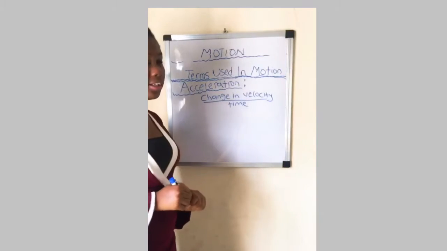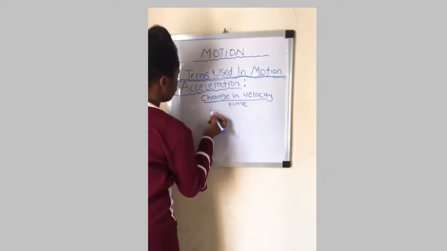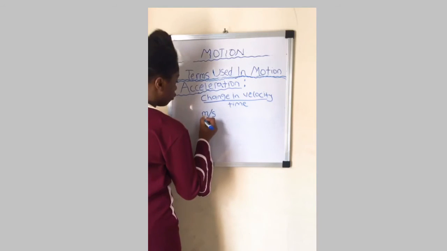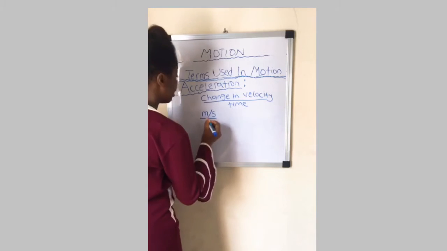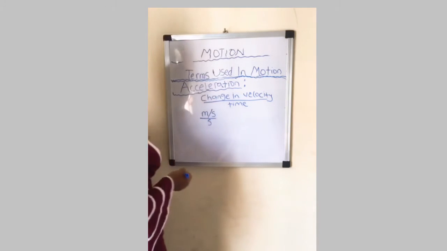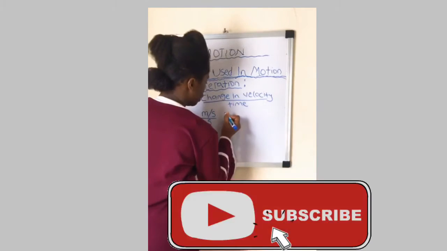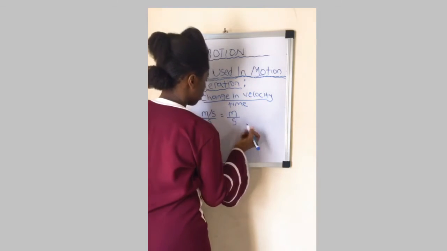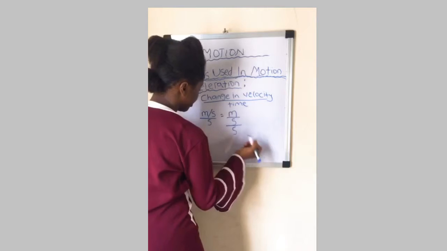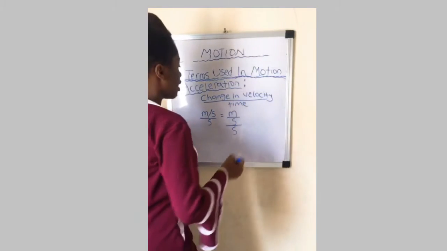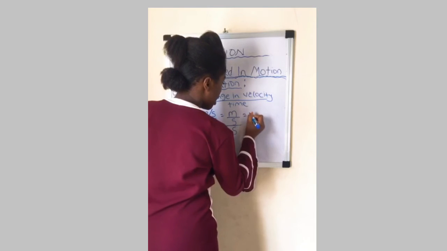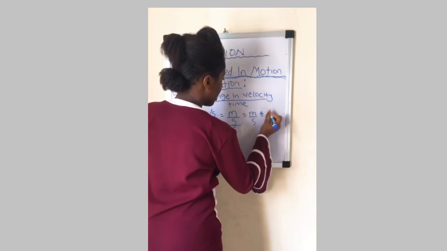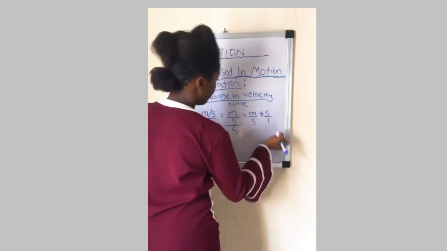In my last video, I said the SI unit of velocity is meter per second. Now over seconds, time, the SI unit of time is seconds. We can further divide this to be m over s over s. This is where mathematics comes in. This is also m over s divided by s over 1.